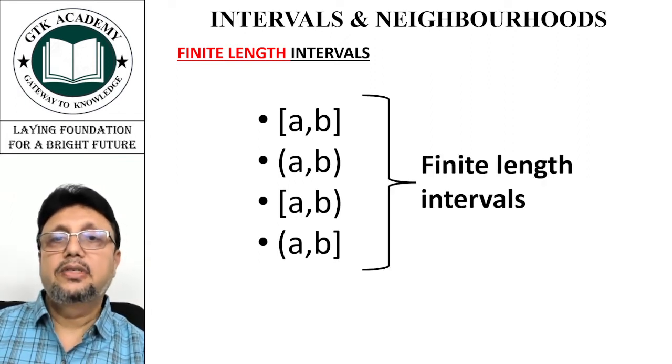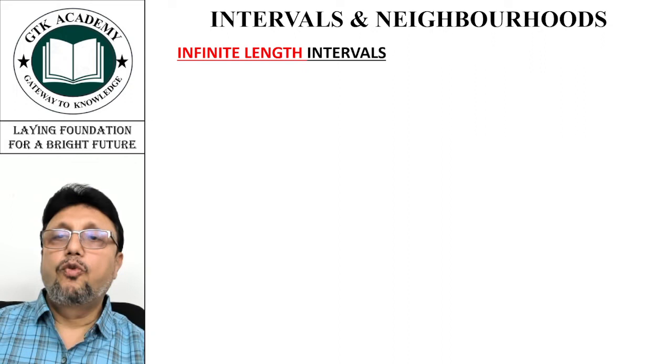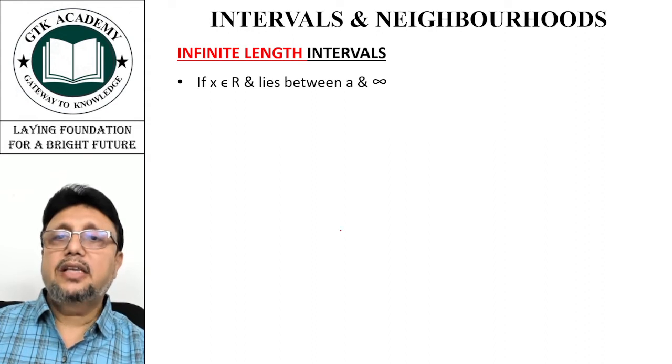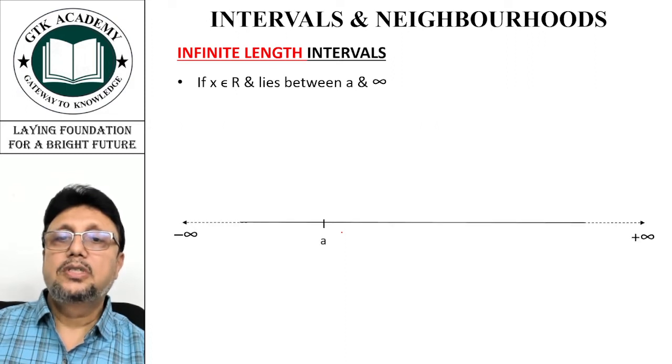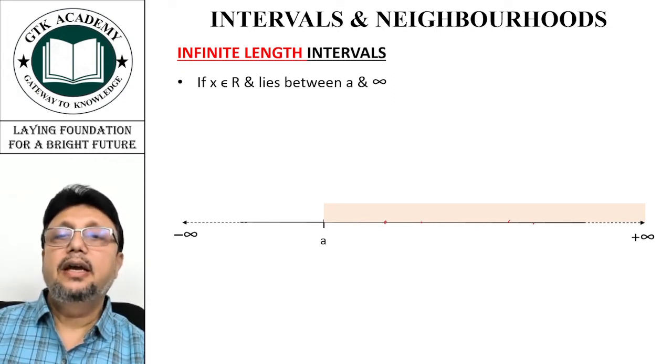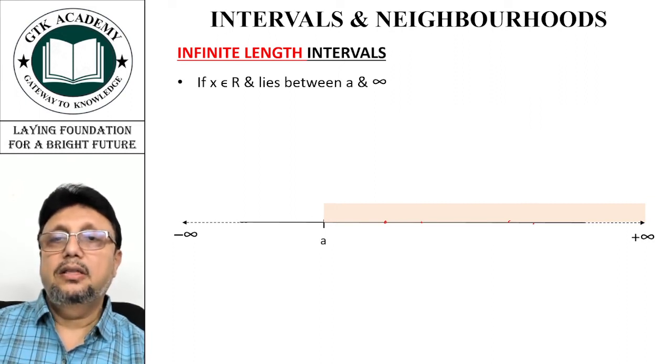But these all are finite length intervals. Now, what is an infinite length interval? If x lies between a and infinity, suppose this is a, that means any number which lies between a and infinity is a member of that interval.